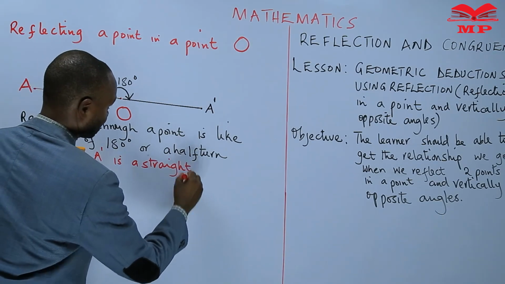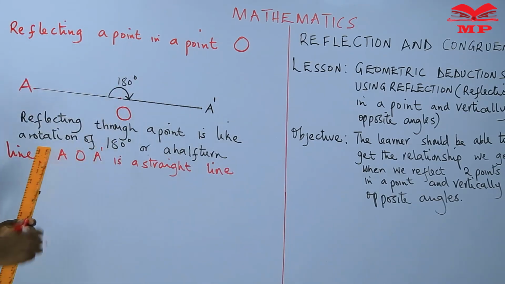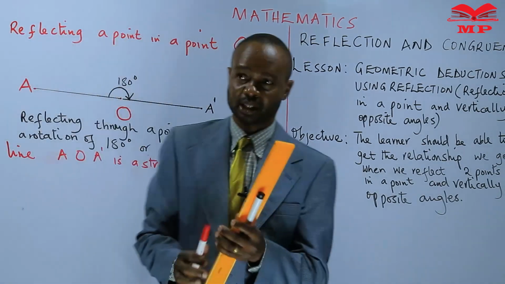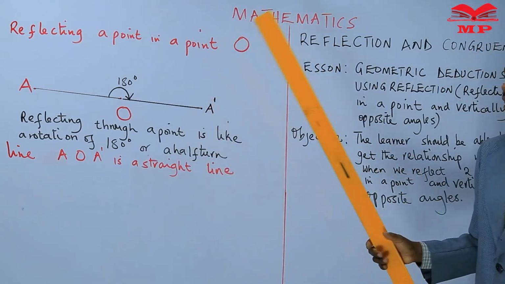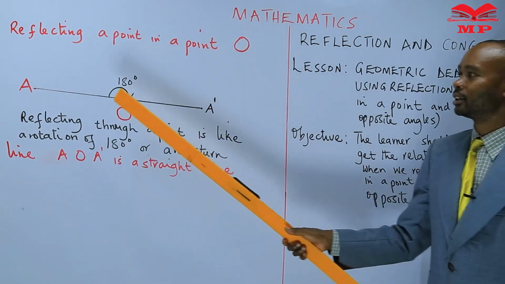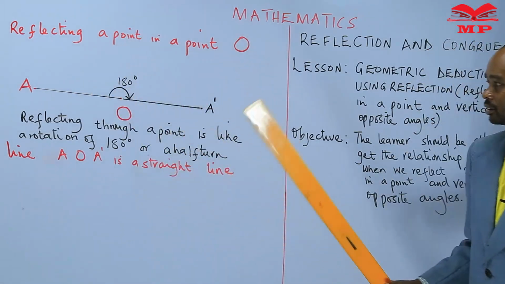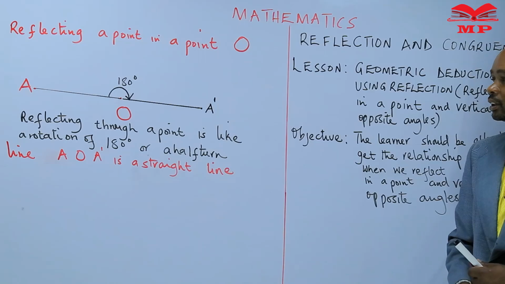A straight line, learner. That point should sink into your head. Reflecting through a point is like a half turn or rotation of 180 degrees.